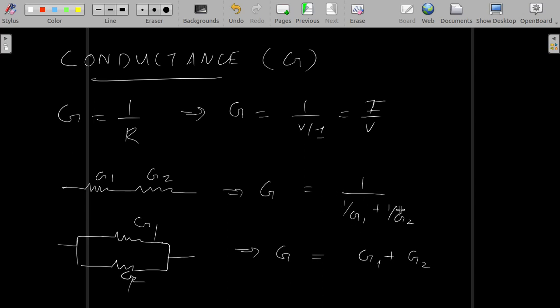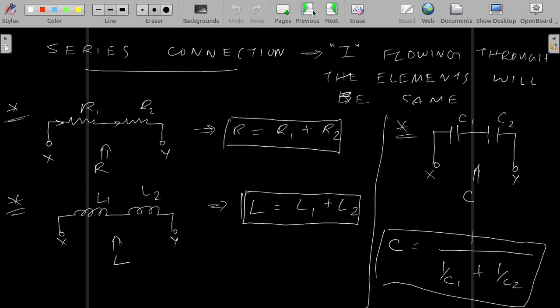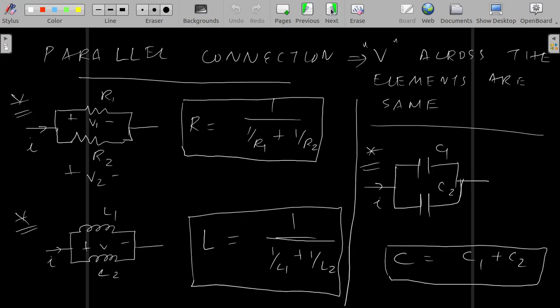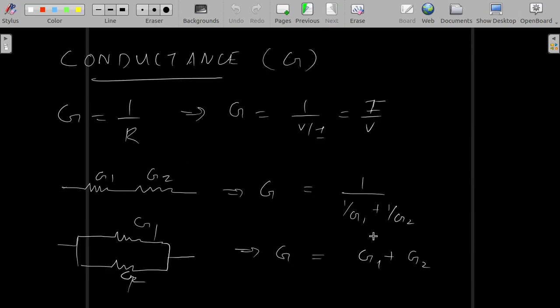Resistance, if we go back, increases in a series connection, and the same with inductance. But in a parallel connection, resistance reduces. Similarly, in a series connection conductance decreases, and in a parallel connection conductance increases.